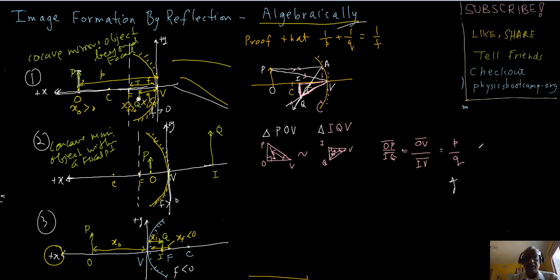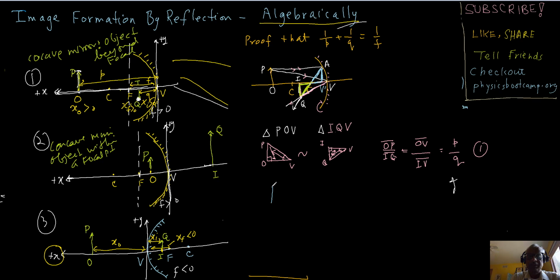Okay. So that's one relation we can get, and we can actually look at another pair of triangles, and those will be this triangle and this triangle with V prime.